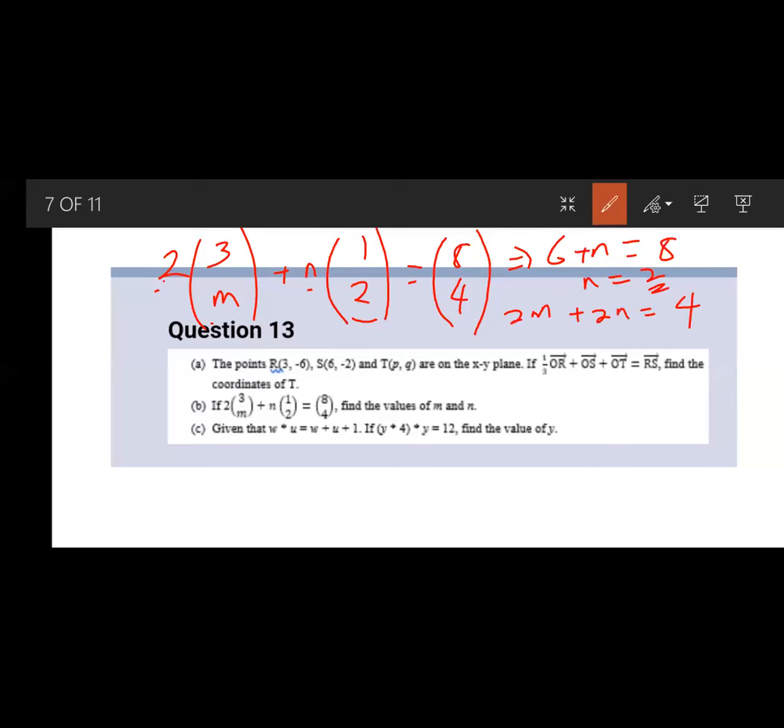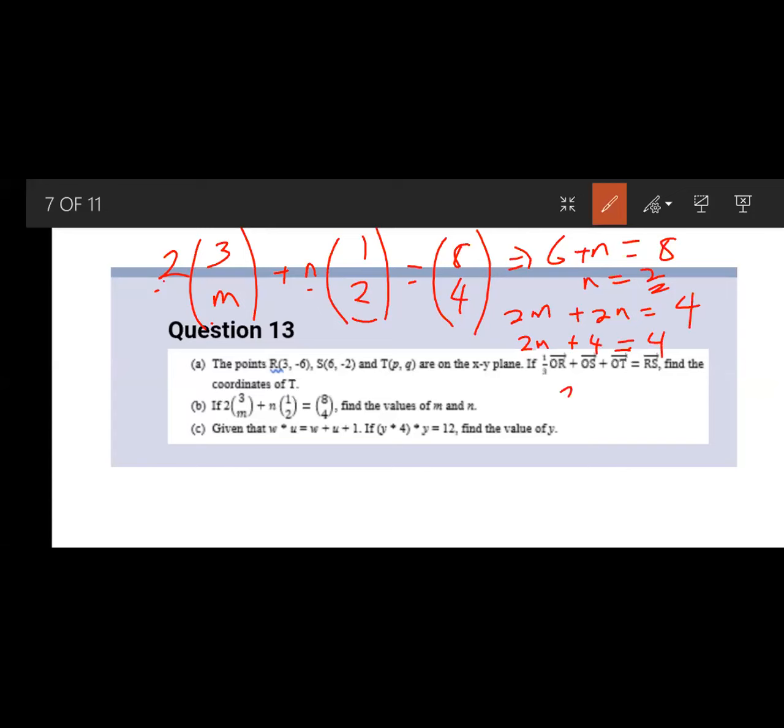But luckily for us, we have got the value of n before. n is 2. So 2 times 2 will give us 4. So we have 2m plus 2n, 2m plus 4 equals 4.